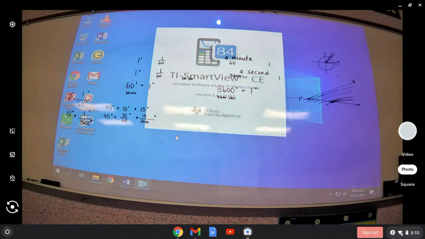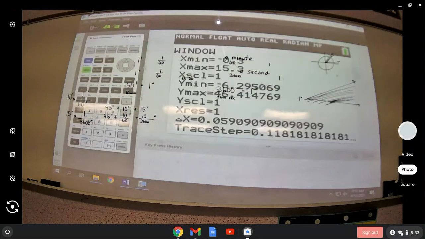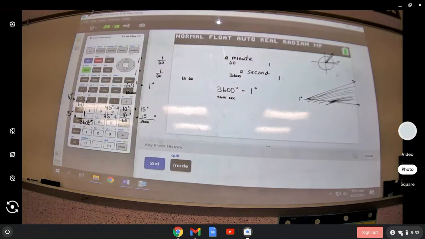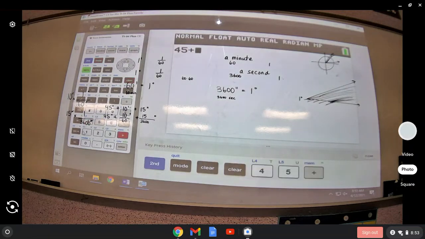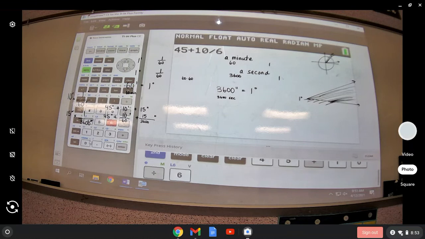So you're always taking your minutes and dividing by 60, and taking your seconds and dividing by 3,600. So again, we have 45 plus 10 divided by 60 plus 15 divided by 3,600.